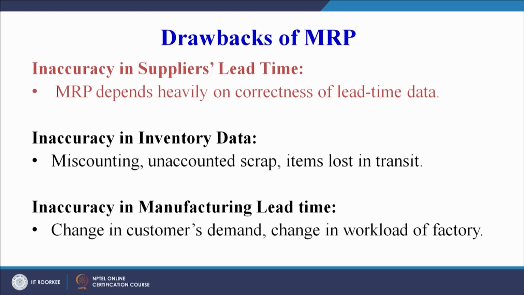This particular product has to undergo 5 different operations, and this must require 7 days as a manufacturing lead time. But if it takes 10 days, our MRP system, whatever system we are following, may not be able to give us the desired result. So the change in the customer's demand, change in workload of factory may lead to inaccuracy in the manufacturing lead time. So there are certain drawbacks associated with MRP system also.